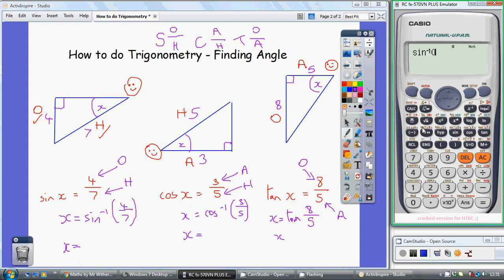So it's 4 over 7, close bracket, and we press equals, and we get 34.849 dot dot dot. Now with this one it's an inverse cos, so we go shift cos. Again I would suggest you use the fractions button, 3 over 5.